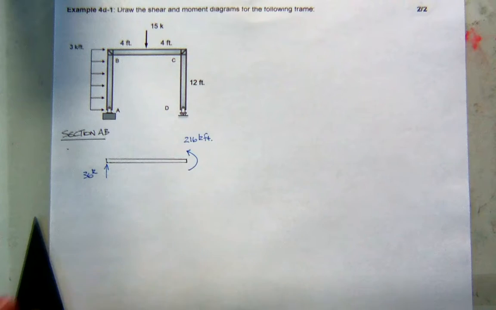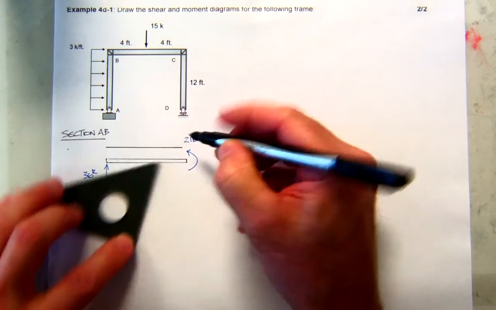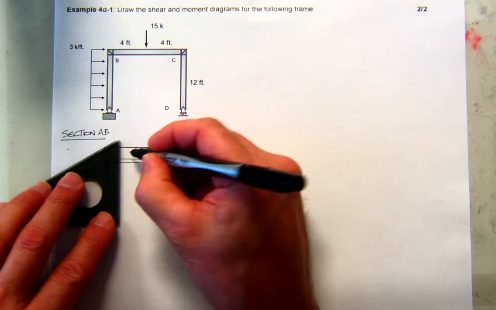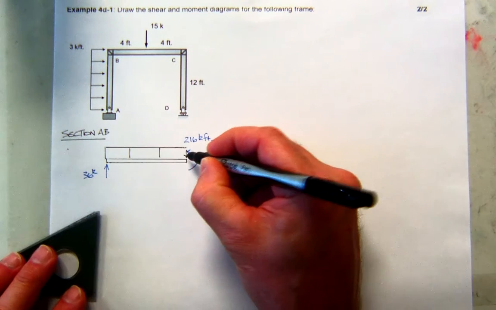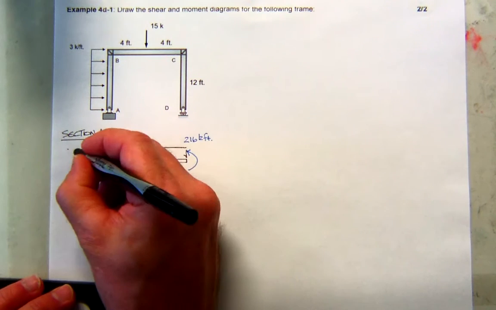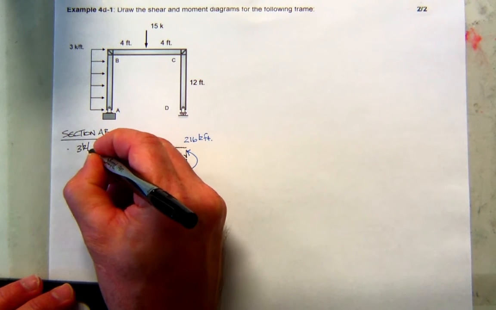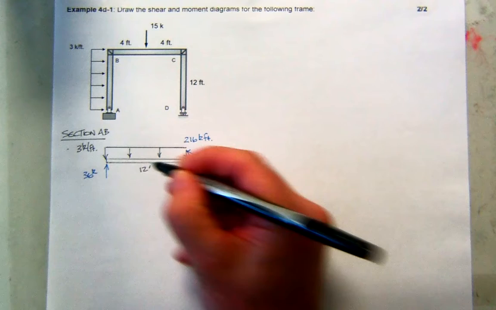And then, of course, there is a distributed load, and the intensity of that load is 3 kips per foot. And that length is 12 feet.